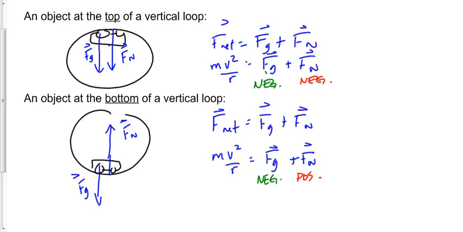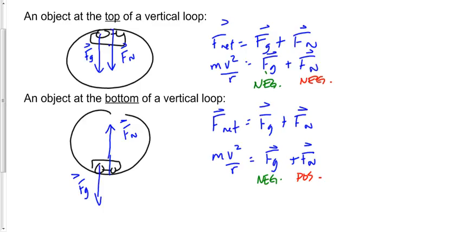Now this is the tricky one, the centripetal force. The centripetal force, when you're at the top of the circle, acts which way? David? Let me give you a hint. The centripetal force, no matter where you are in a circle, no matter whether it's a vertical circle or not, always acts toward the center of the circle.